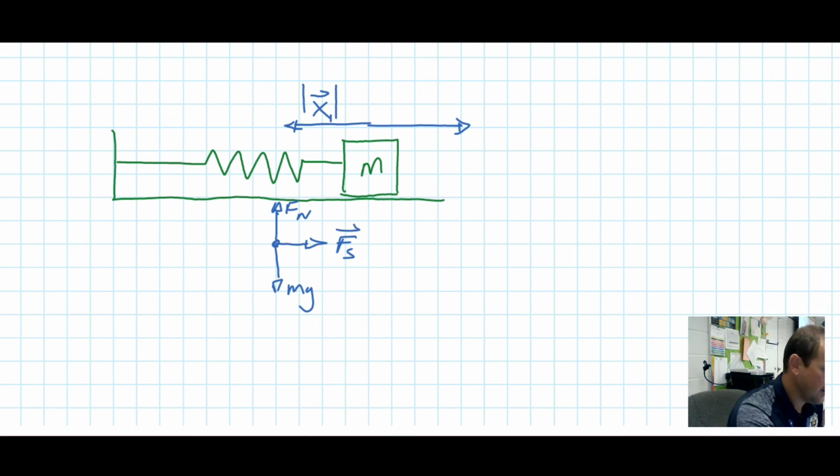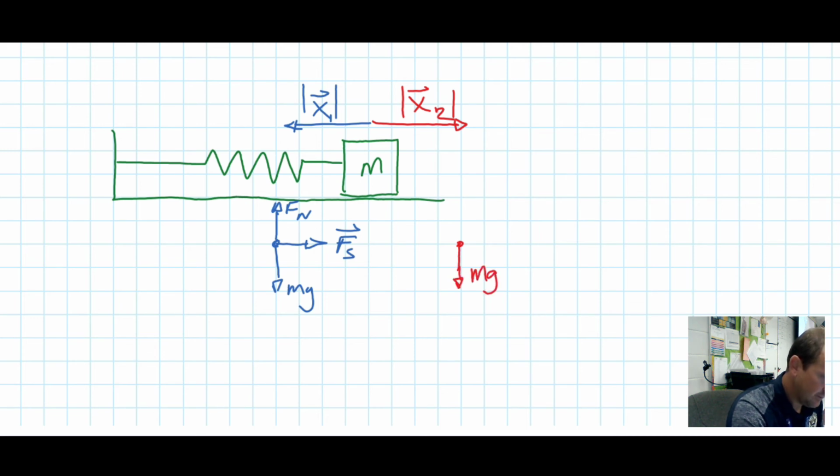But if we thought about x2 over here, let's go with red. If we had a displacement to the right instead, the free body diagram out here, we would have that mg downward still.